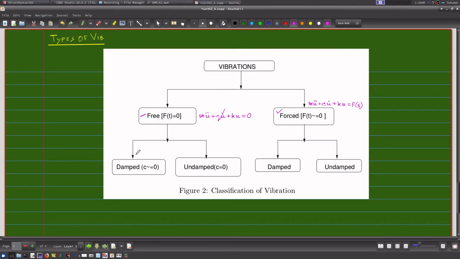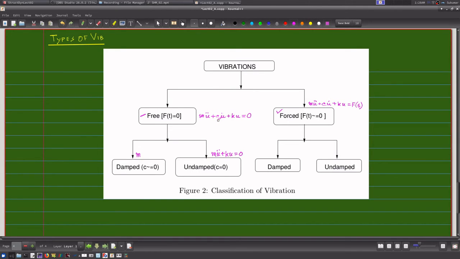In case of undamped vibration, I will have mu double dot plus ku equal to 0. This is called undamped vibration because my damping term is 0 here. No damping, no dissipation of energy is taking place. So C is 0. And if it is damped, then C is not equal to 0. So I will have this whole equation.